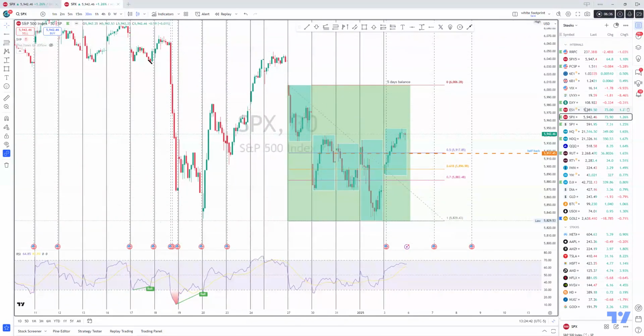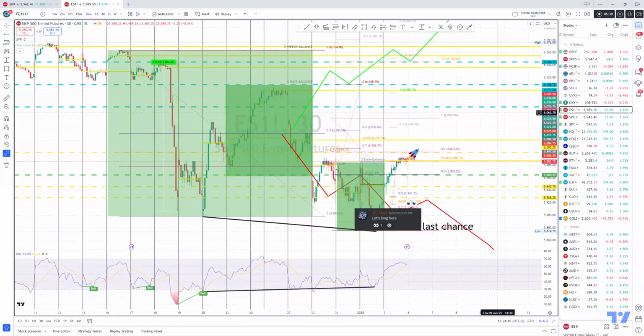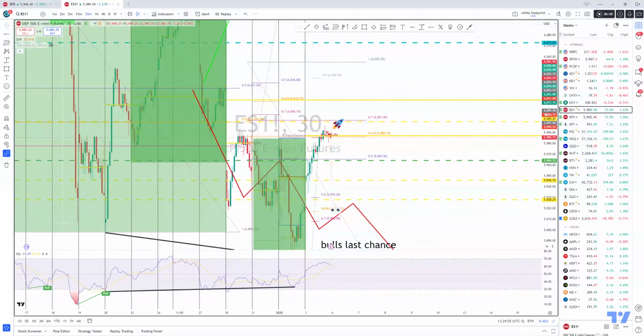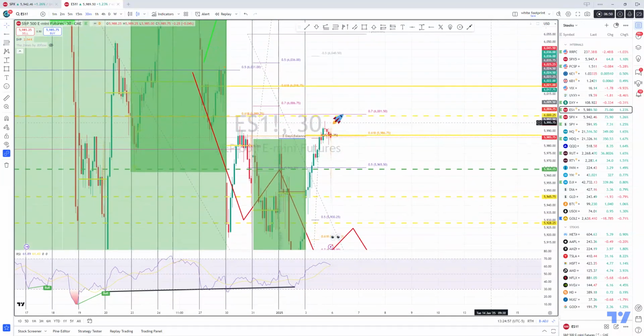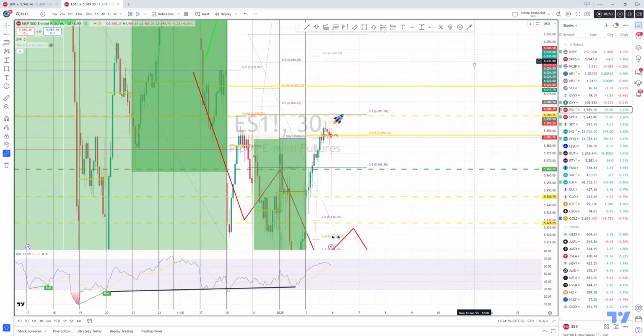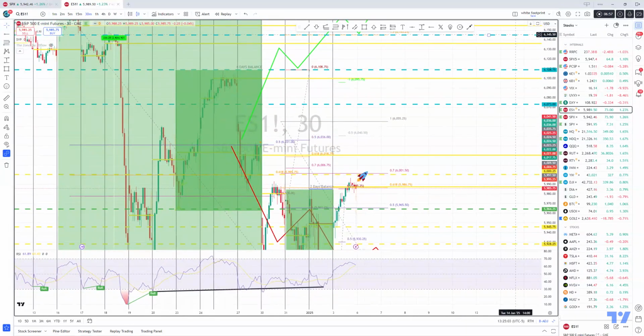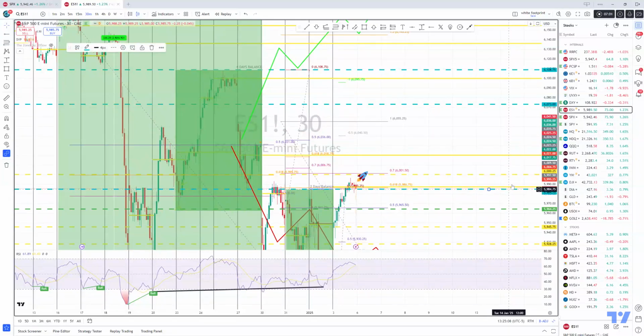So what we're going to do in terms of target, and I'll go back to the ES to make it simple for you if you don't trade SPX, is identify what will be target number one, target number two, target number three, and so forth. Let's take a look at it in here. The type of balance is going to be on target number one.